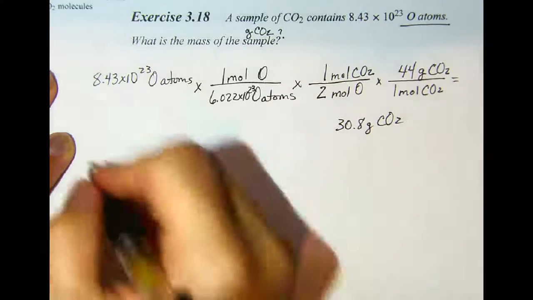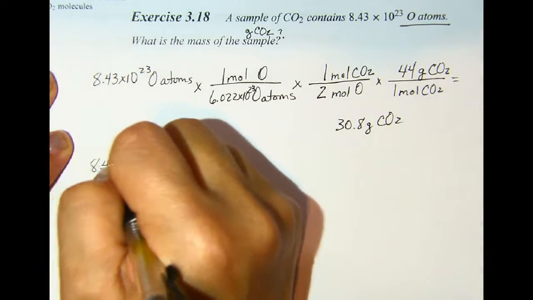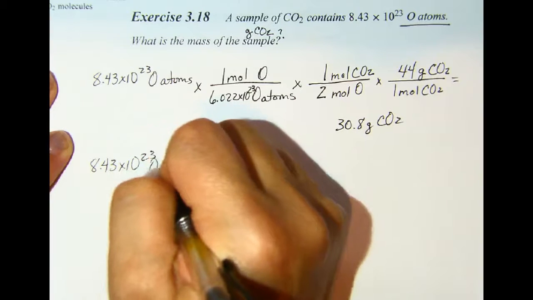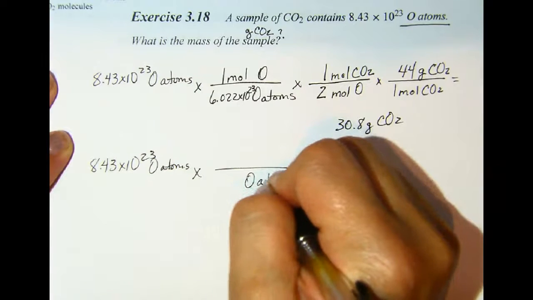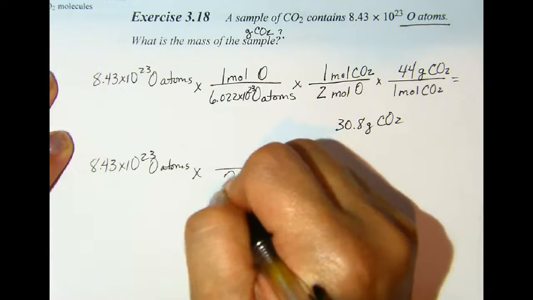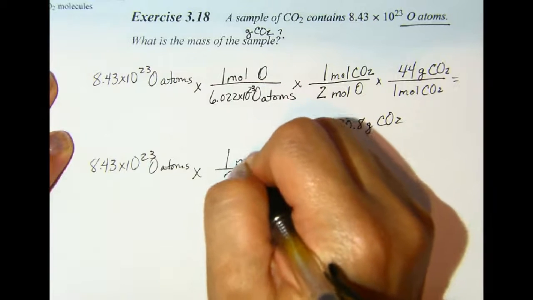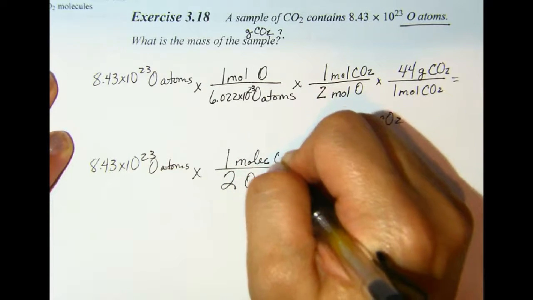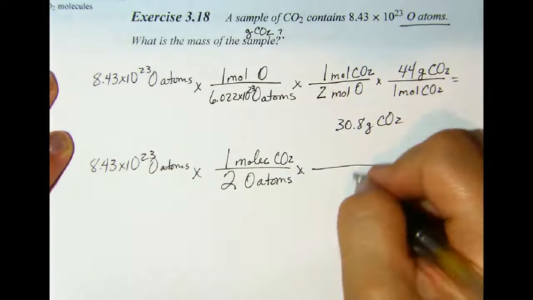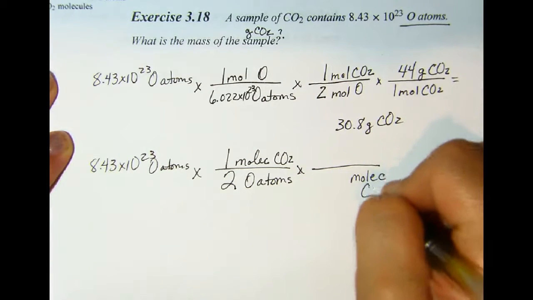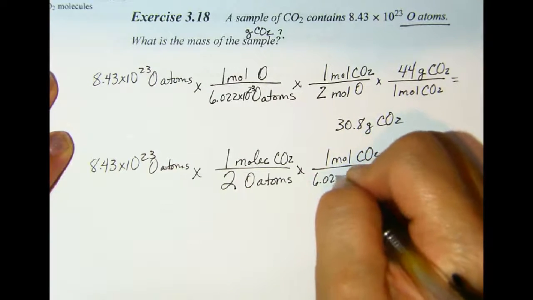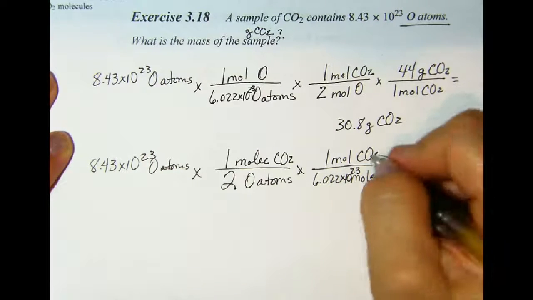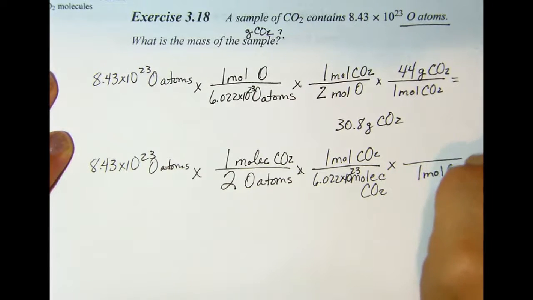The other way to do the same problem would be to say 8.43 times 10 to the 23rd oxygen atoms, bring down oxygen atoms, and then here you can say there are 2 oxygen atoms in 1 molecule of CO2, and then we could say molecules of CO2 converts to 1 mole of CO2 when you use Avogadro's number, and then 1 mole of CO2 converts to mass by using the molar mass from the periodic table.